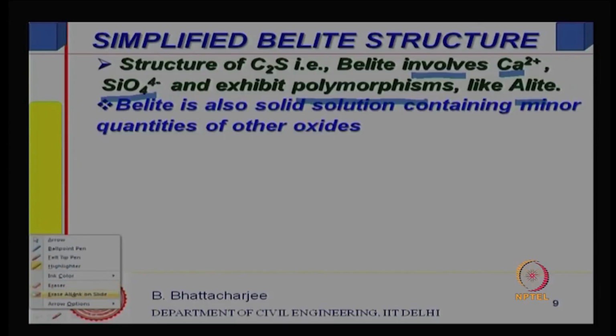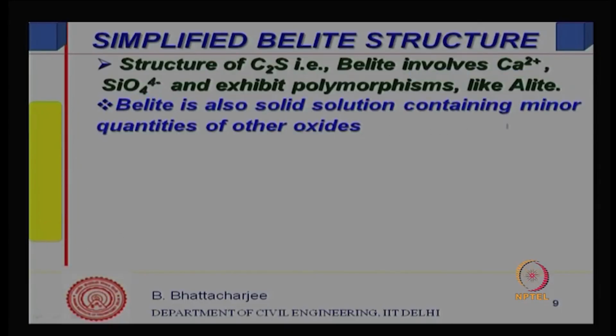Belite also of course is a solid solution containing minor quantities of other oxides like sodium oxide, potassium oxide, alkalis and magnesium oxides and so on. Minor quantities of other oxides are present in the structure of belite as well.